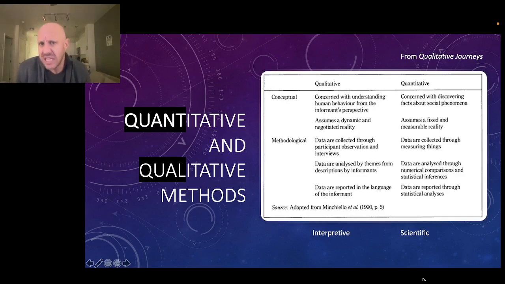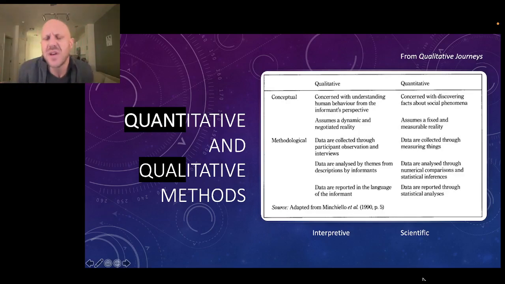And methodologically, if we're doing qualitative research, we're going to be collecting our data by interacting with participant observers, other people, observing people as they communicate, as they interact, analyzing messages for their themes, the meanings of those messages, and generally we're going to be concerned with the language of the people that we're studying. How do they understand what is happening?